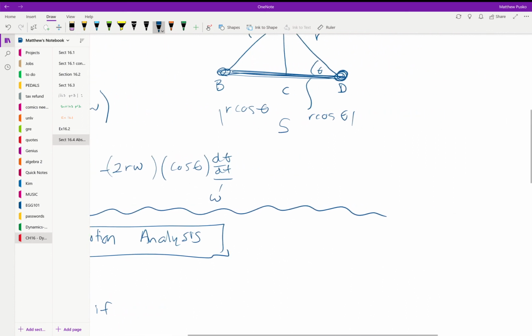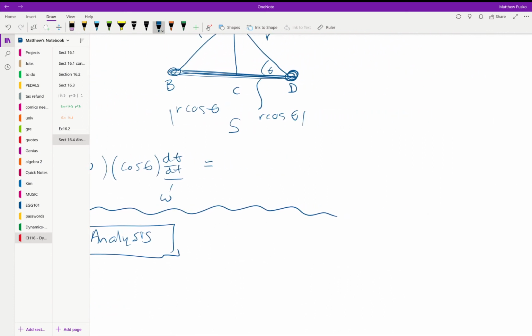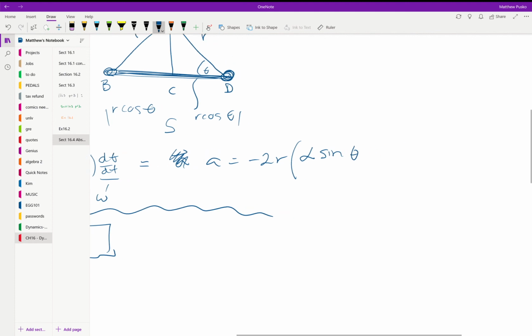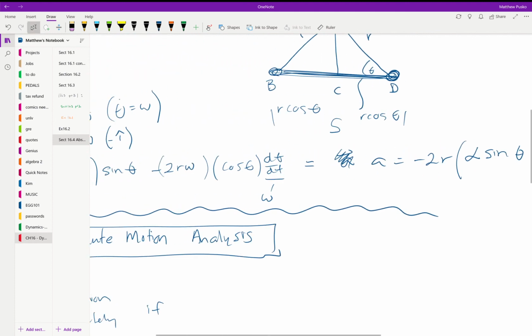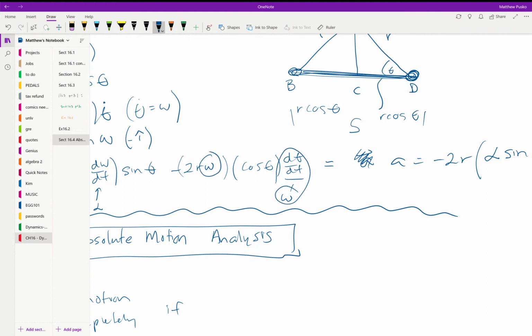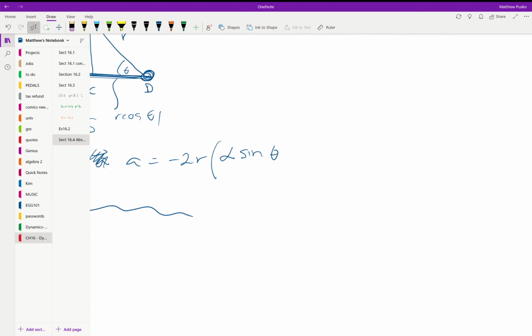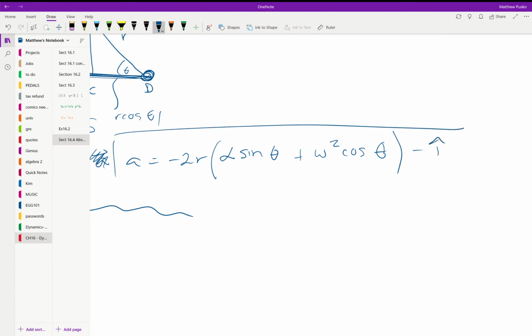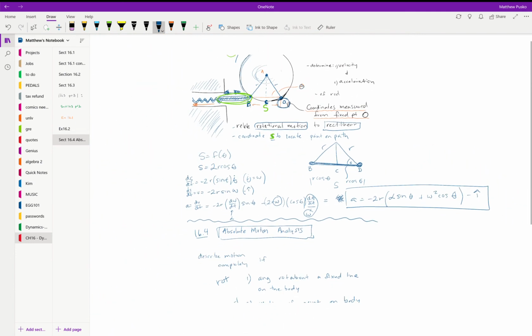So this ends up reducing to acceleration equal to negative 2r alpha sine theta. And then we had an omega term right here, and this thing is omega right there. Let's put those together. We get a plus omega squared cosine theta. And that is also constrained to move in the i direction. Alright, thank you.